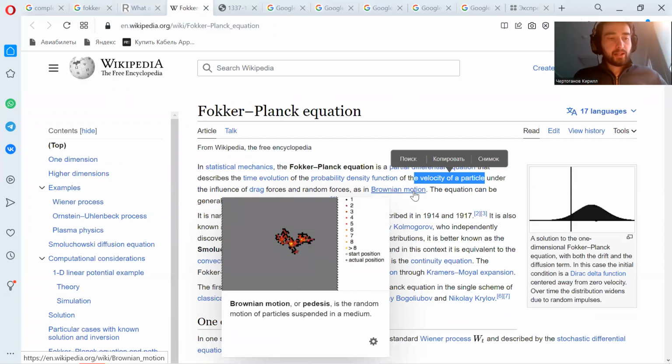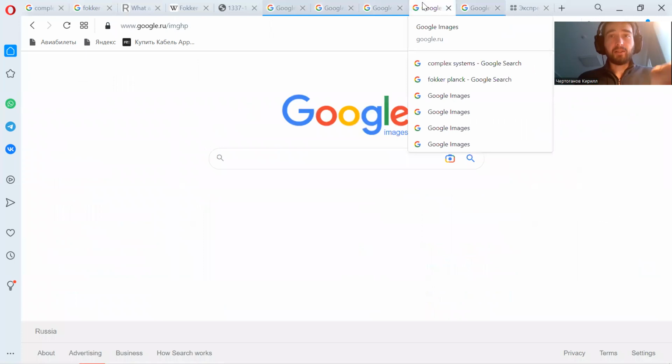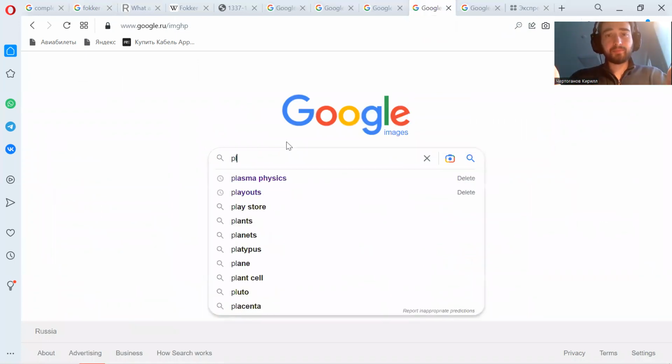And we talk especially about nonlinear Fokker Planck equations. Nonlinear Fokker Planck equations have found applications in various fields, such as plasma physics, for example.